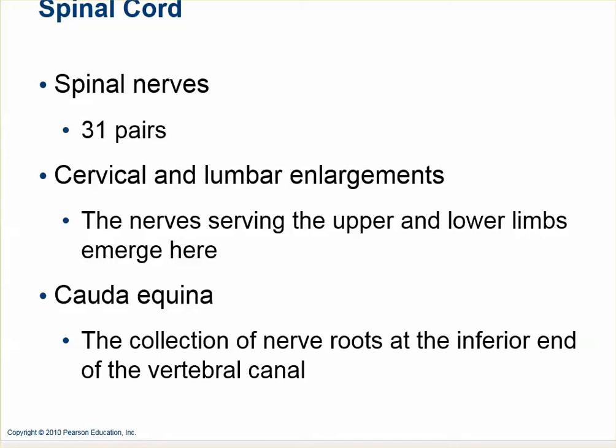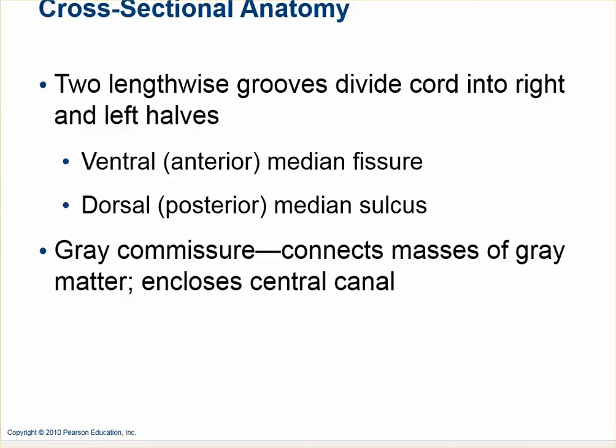So that's the 31 pairs. And I've already talked about the enlargements and the cauda equina. There are 2 grooves that almost divide it into hemispheres. The one on the front is the ventral median fissure, and the one on the back is the dorsal median sulcus.